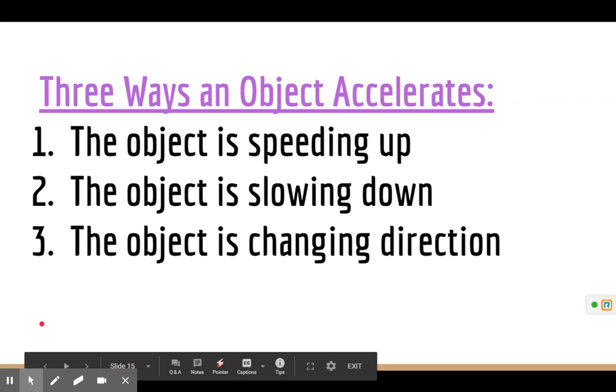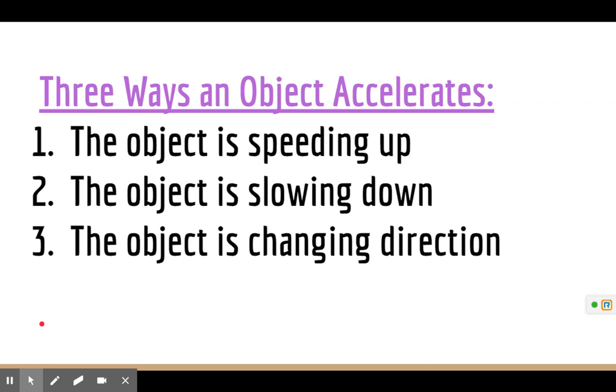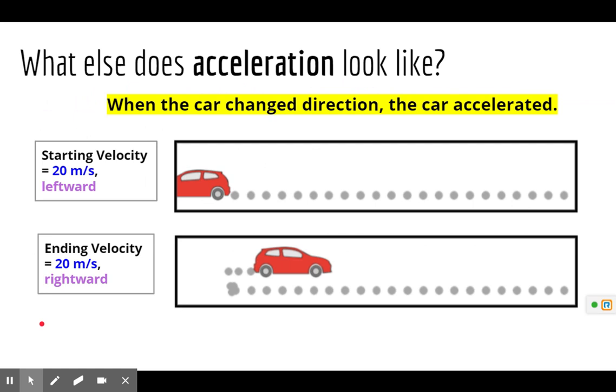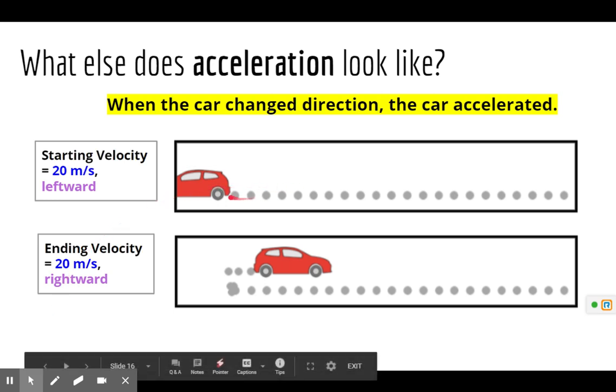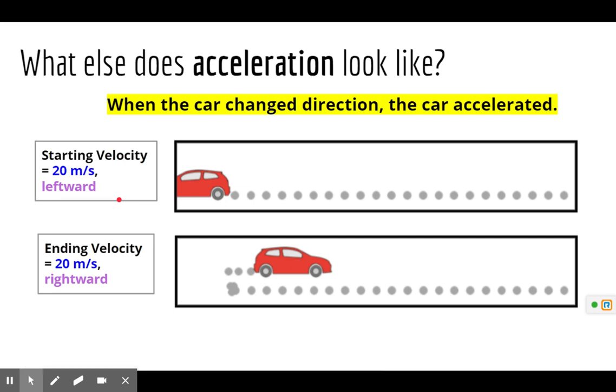3 ways an object accelerates. 1, the object is speeding up. 2, the object is slowing down. 3, the object is changing direction. What else does acceleration look like? When the car changed direction, the car accelerated. In the first frame, we have the car with a starting velocity of 20 meters per second, leftward, in the left direction.